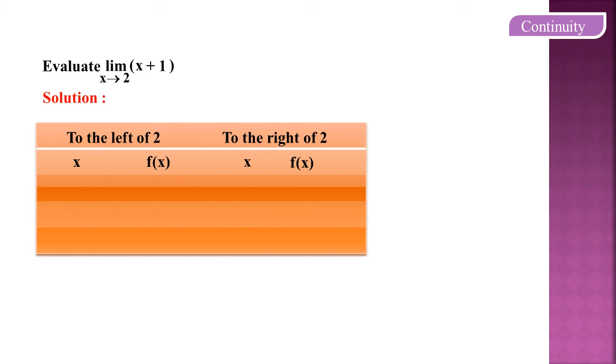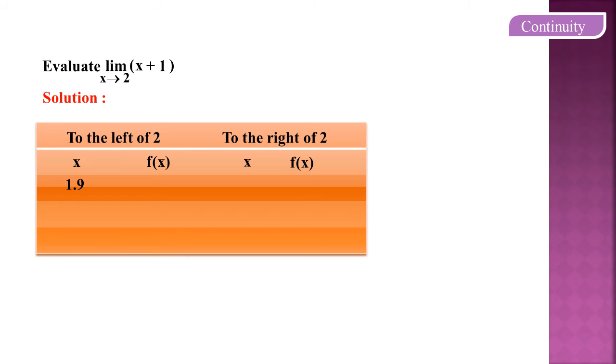Let us take this with a particular example. Let me consider the function x plus 1, limit x tends to 2. So let us evaluate limit as x tends to 2 of x plus 1. When x is approaching 2, we have to consider the left approach as well as the right approach. If I consider left of 2, I'll take x equal to 1.9, the closest point.